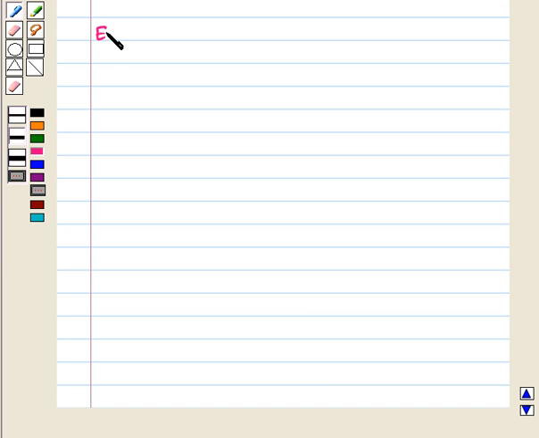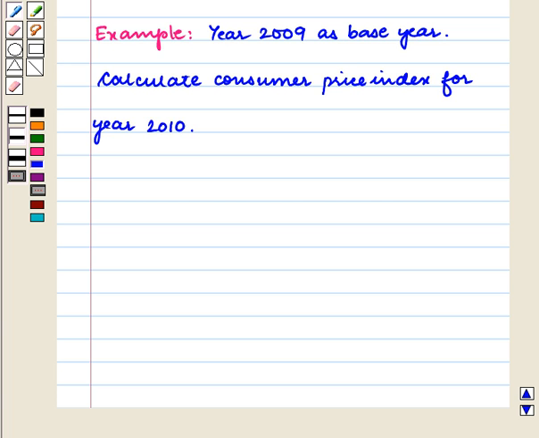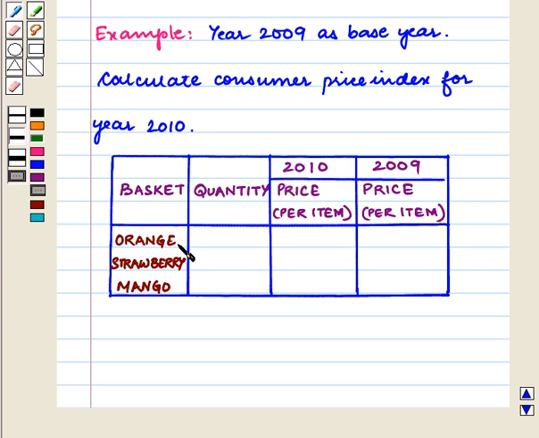Let us consider an example. Considering year 2009 as base year, calculate consumer price index for year 2010 from the following table. We have orange, strawberry and mango in the basket.